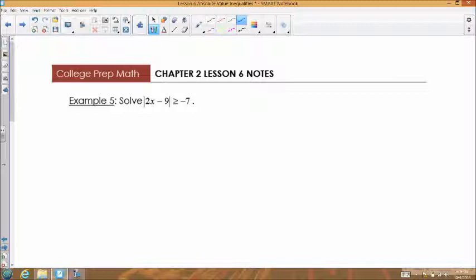So even if this said 0, it would still be the case, because the smallest an absolute value could ever come out to be is 0. Otherwise, it's going to be positive. So this is always going to be true. It's the complete opposite of what we were just looking at.